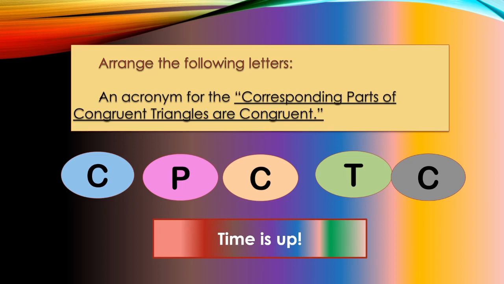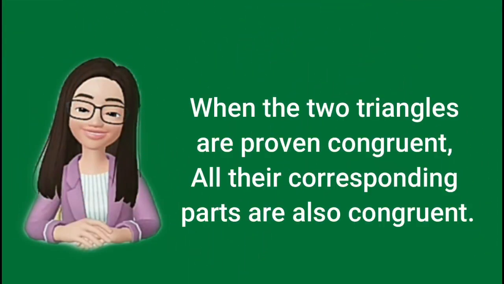Yes, the answer is CP/CTC. Corresponding parts of congruent triangles are congruent. But what does this mean? It means that once the two triangles have been proven congruent, all their corresponding parts are also congruent.